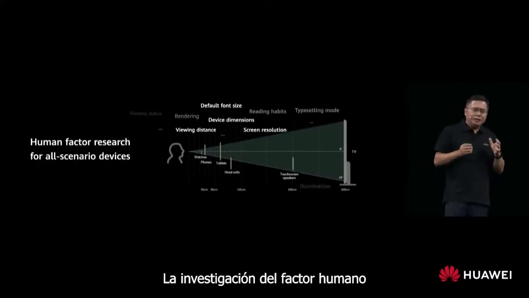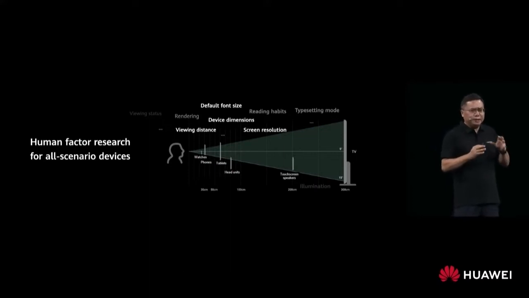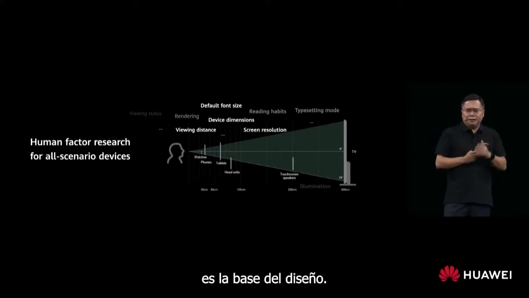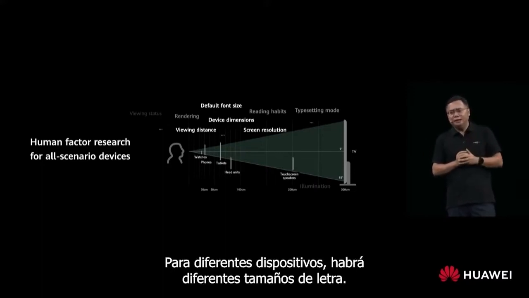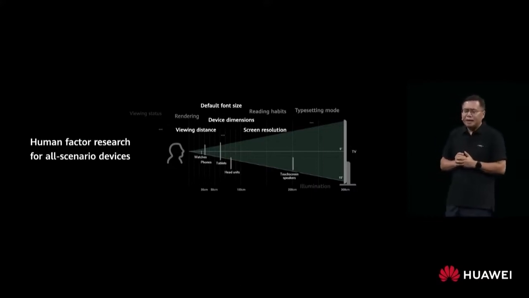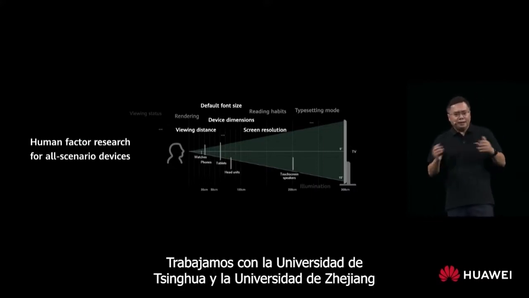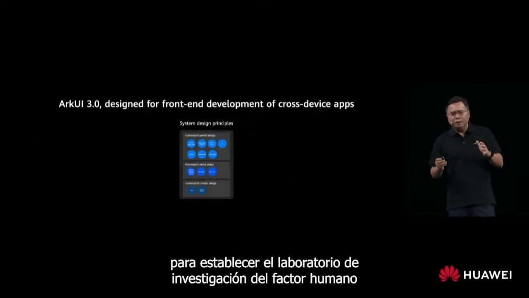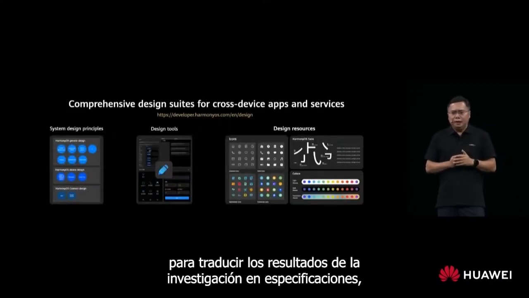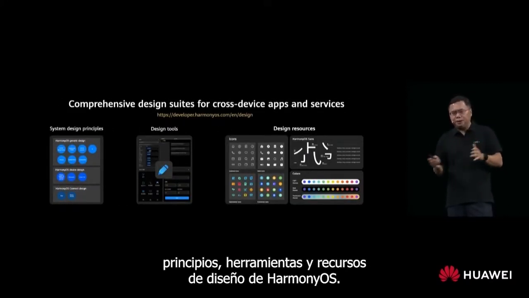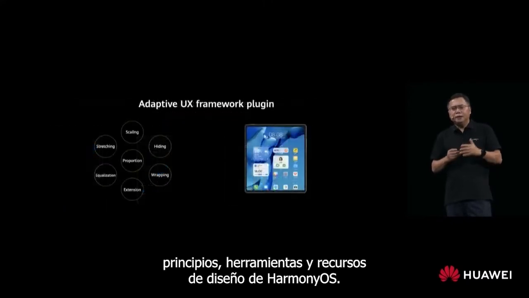Take human factor research. It's the foundation for the design. For different devices, there will be different font size. We work with Tsinghua University and Zhejiang University to establish the Human Factor Research Lab to translate the research results into Harmony OS design, specifications, principles, tools, and resources.